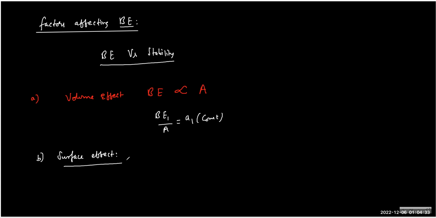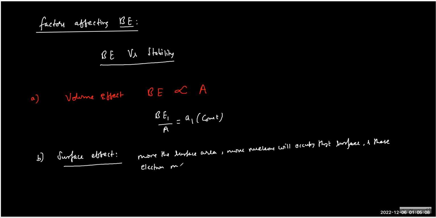So we can say that the more the number, the more the surface area, the more nucleons will occupy that surface, and these nucleons may cross the nuclear range, hence bring instability. Because they will just break out.